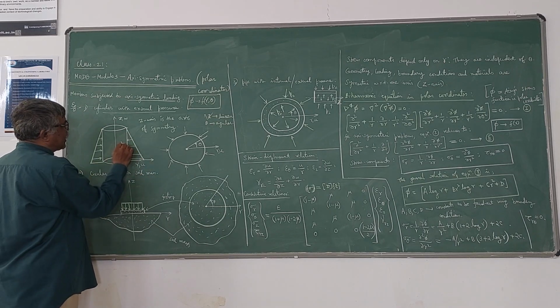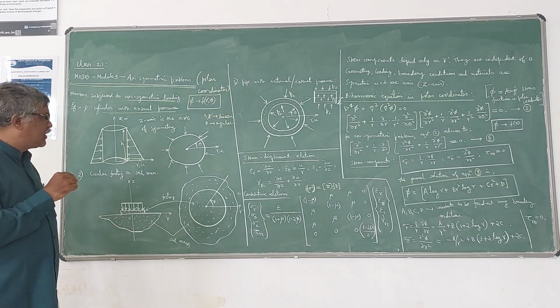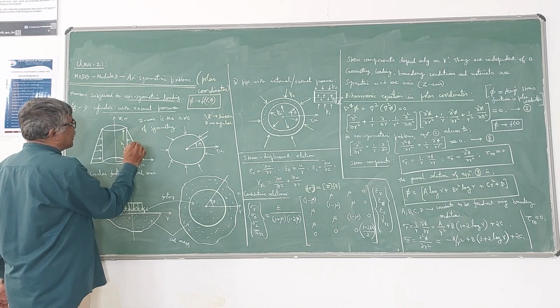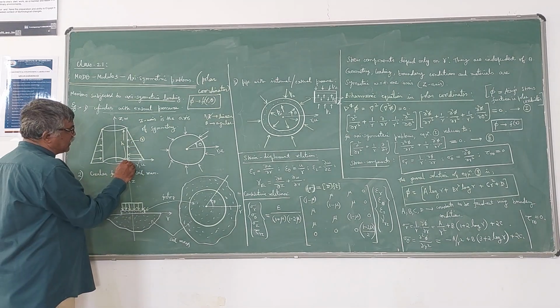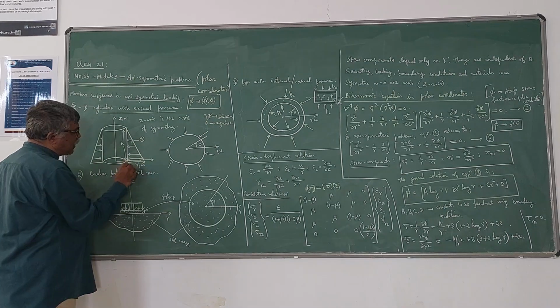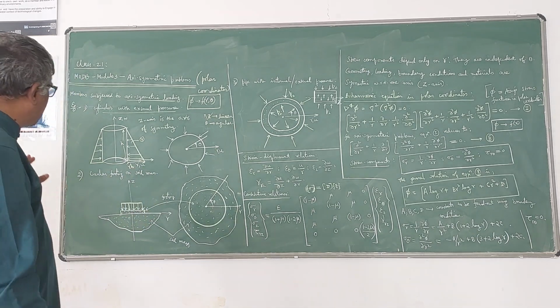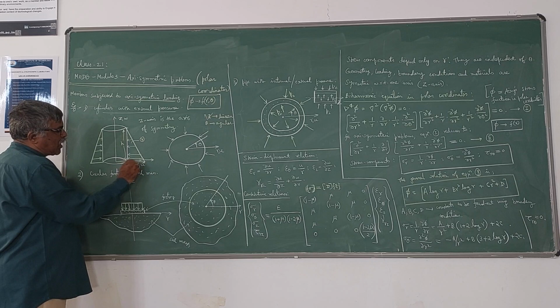So if h is the height or the depth of whatever liquid is there, and gamma is the specific weight of that liquid, then the pressure at the bottom will be gamma into h. This you have learned in your fluid mechanics at undergraduate level. So it varies from 0 to maximum gamma h.